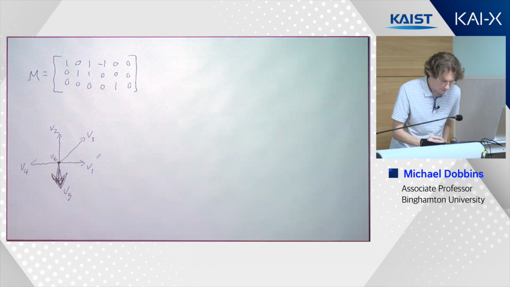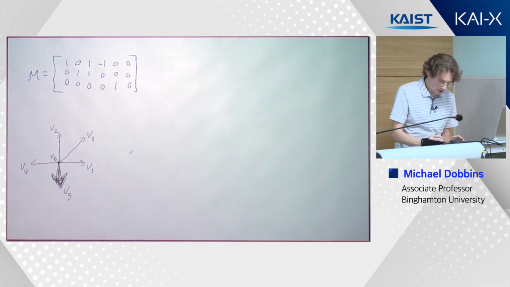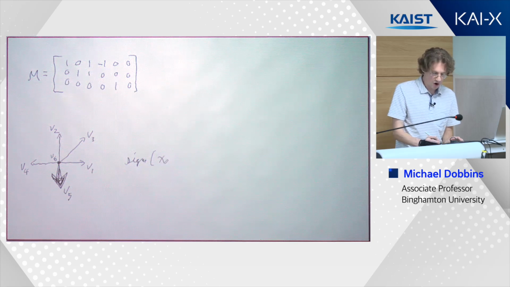So then I could see, okay, if I think about what I could get in the row space, well, I want to take the sign of some vector in R to the r multiplied by the matrix M on the right, and then take the sign of that.